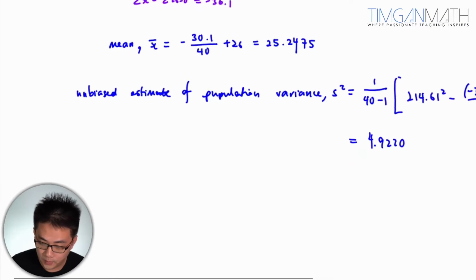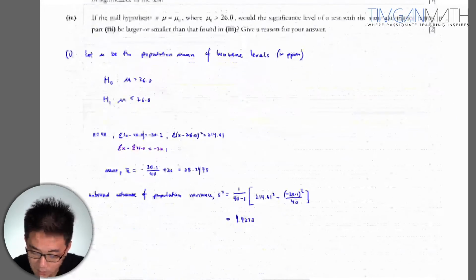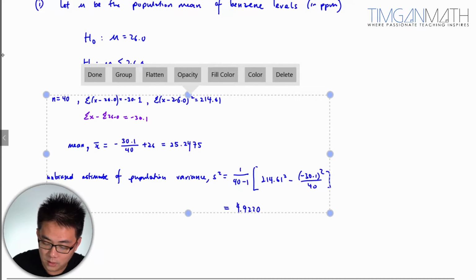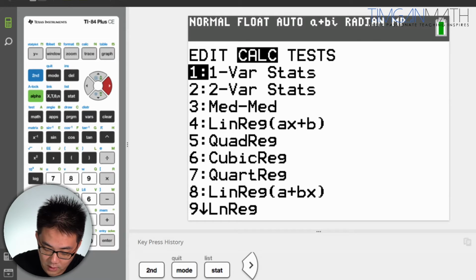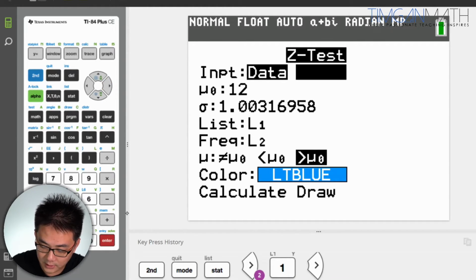The p-value from the calculator is 0.015969. We could just calculate it by keying everything into the calculator. So bring out our calculator, go to stats, and calculate. Test, 1-sample, go to stats here.